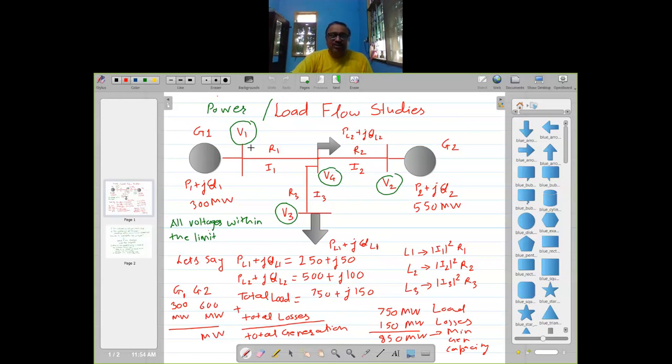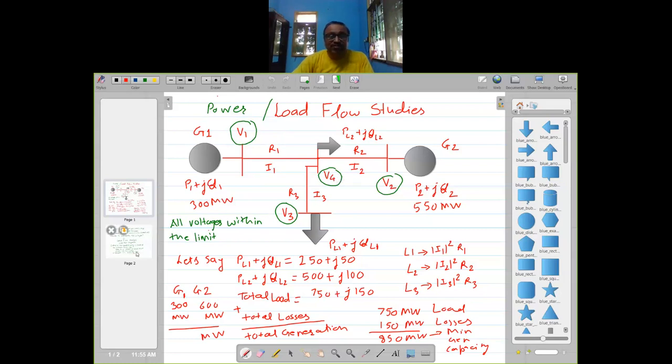But as we know, this is a phasor quantity, so there will be some angle of V1, some angle of V2, some angle of V3, some angle of V4. Because of this, there is a problem of what is called transient stability. Right now the system is stable, but after some fault occurs, if the angles between two buses are very high, then there can be a problem. So we need to be careful about the angles also.